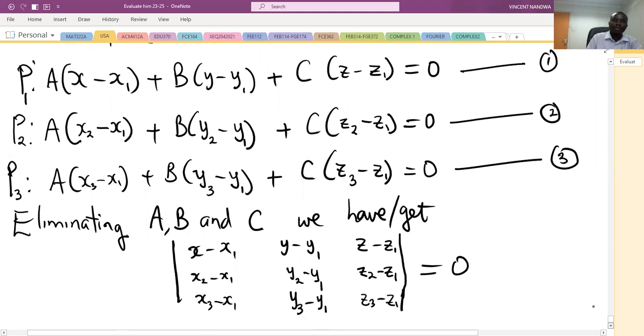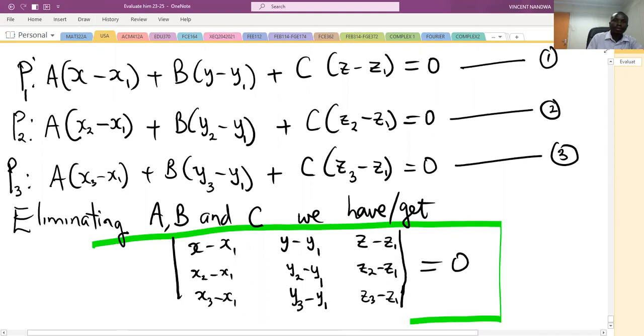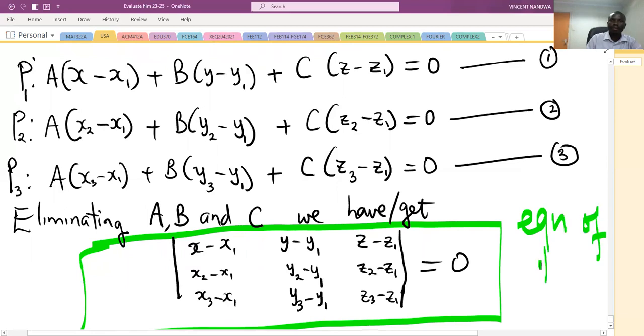So this will also give us the same equation of the plane passing through the 3 points P1, P2, P3. So this is another way of getting the equation of the plane.